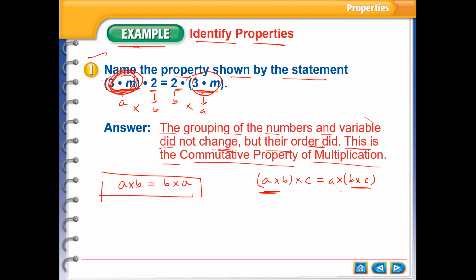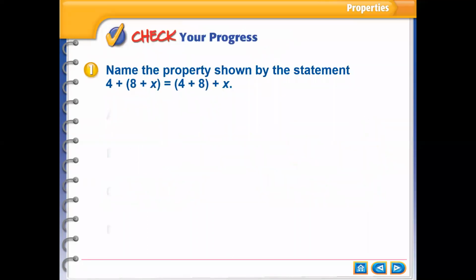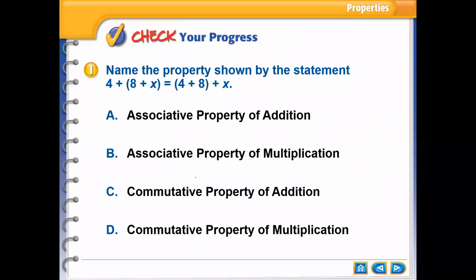Okay. Next. Now, tell me the answer. Name the property shown by this statement. What is the name of this property? Which option is right? 4 plus 8 plus x in bracket, and then 4 plus 8 in bracket, and x is outside. So is it associative property for addition, or associative property for multiplication, or commutative property for addition, or commutative property for multiplication?